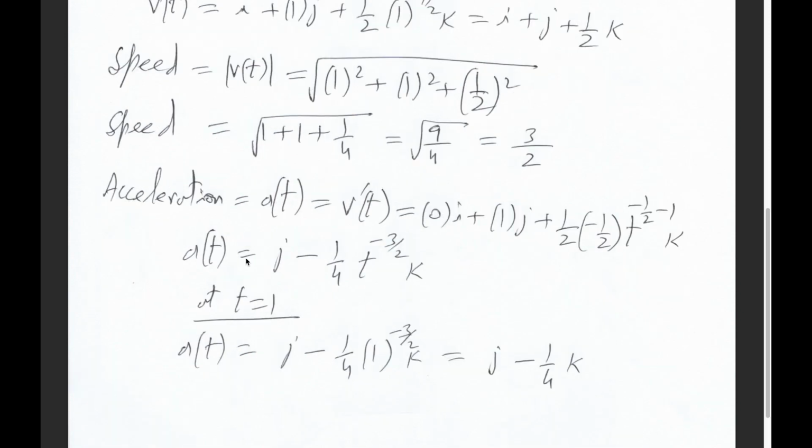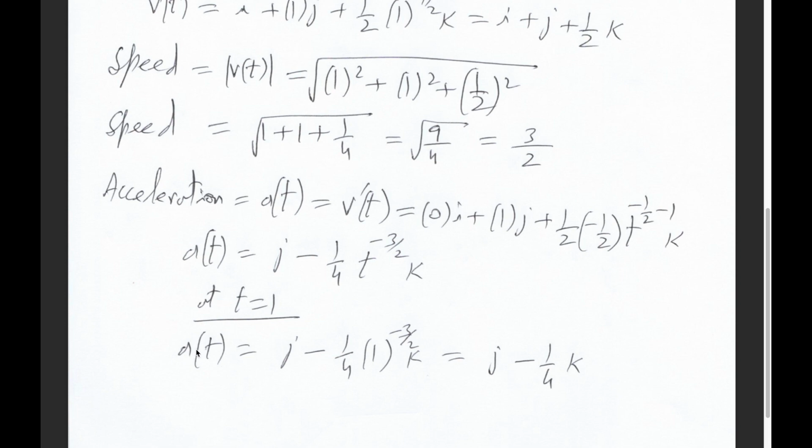At t is equal to 1, what will be the acceleration? Wherever I find t, I will put the value of t as 1. So 1 power minus 3 by 2 will be 1. So it will be only j minus 1 by 4 k. So this will be the value at t is equal to 1, this will be your acceleration.